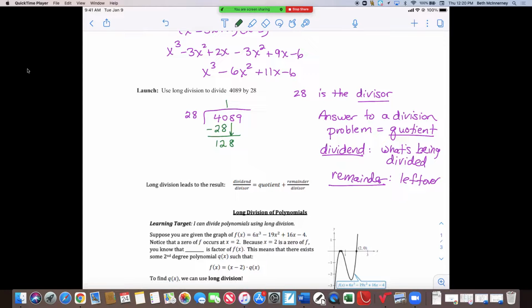So let's try 4 times. And I'll do 4 times 8 is 32, carry the 3, 4 times 2 is 8, 9, 10, 11. Ooh, that worked out good. And then we subtract. And then you bring down the next number.